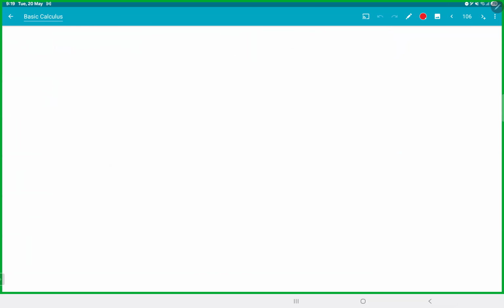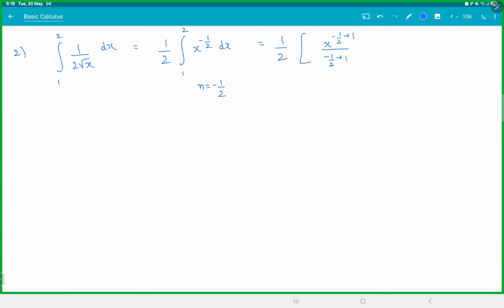So look at the second one. 1 by 2 root x. Limits are 1 to 2. So half is a constant. It will come out. Integral, this will be x power minus half dx. Limits are going 1 to 2. So half. This is again x power n. Here n is minus half. So the formula is x power minus half plus 1 by minus half plus 1.